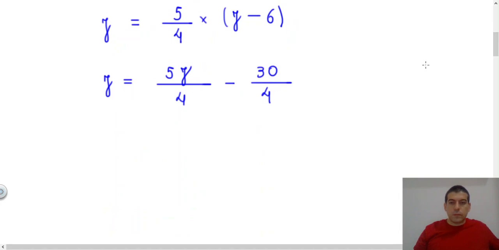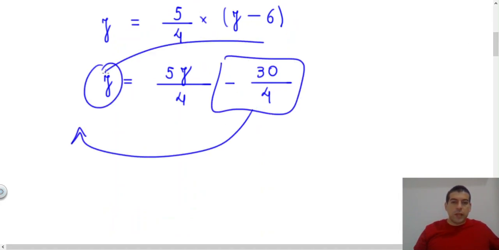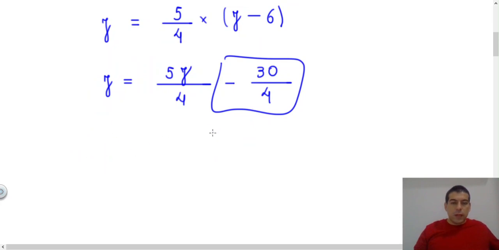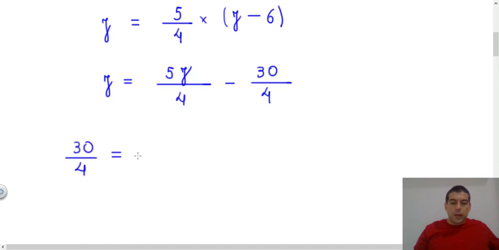Very good. So let's send this term to the left and this J to the right side of the equation. And when we send a term to the other side of the equation, we need to change its sign, okay? Instead of minus 30/4, we will have 30/4 on the left side, and instead of J I will have minus J on the right side of the equation.